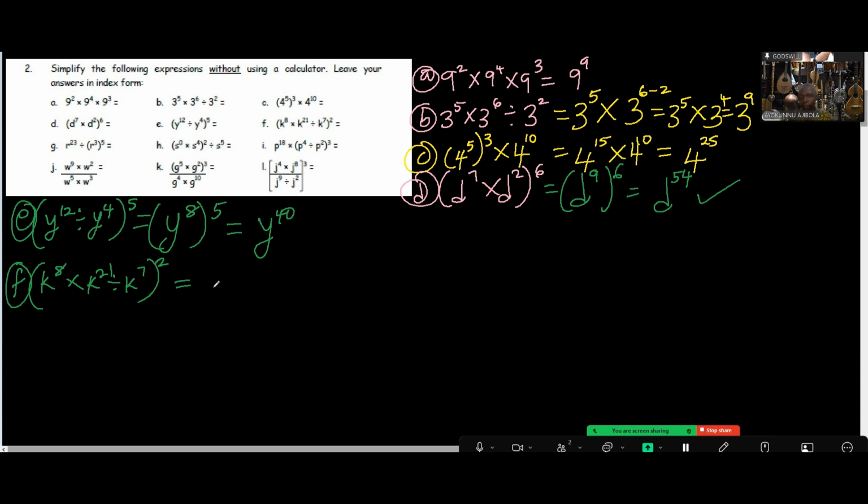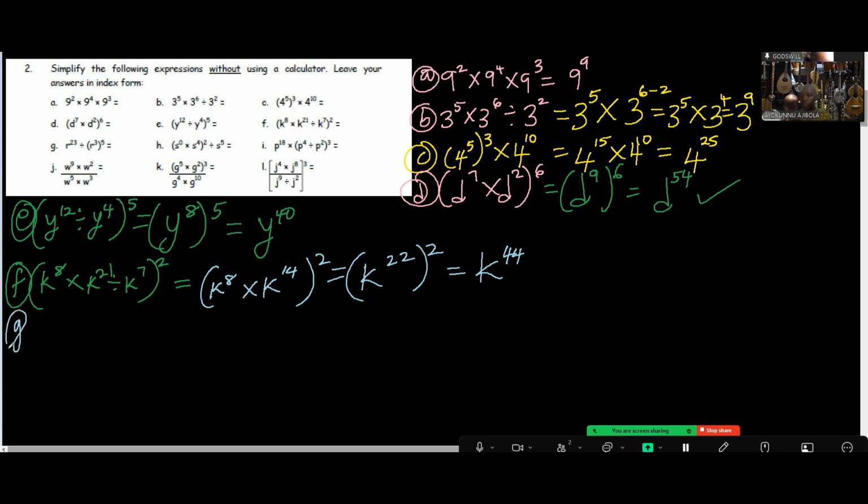We have k raised to power 8 times the second k, but we subtract the powers, 21 minus 7, that is 14. Then both of them have a power of 2. Then you combine the one in the bracket, k. 8 plus 14 is 22. Then you have 2 outside. 22 times 2 gives me 44. So that's k raised to power 44.